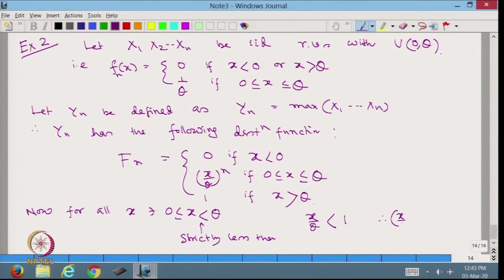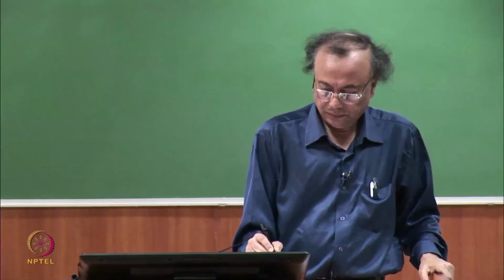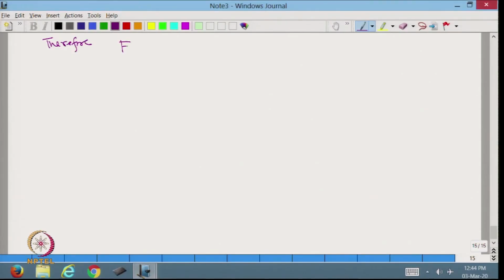Therefore, (x/theta)^n goes to 0 as n goes to infinity. Therefore, F_n, that is the distribution function, the cumulative distribution function, of Y_n converges to 0 if x is less than theta and 1 if x is greater than or equal to theta.